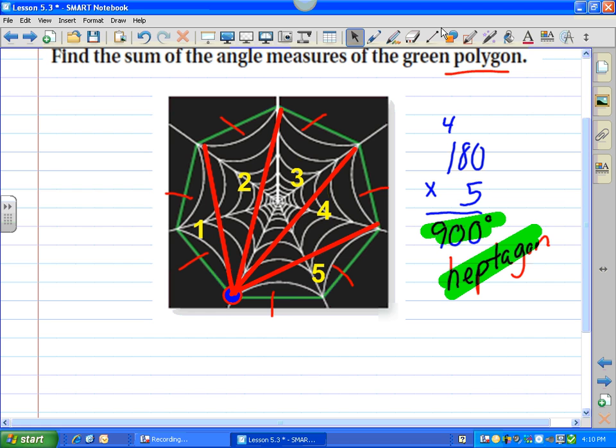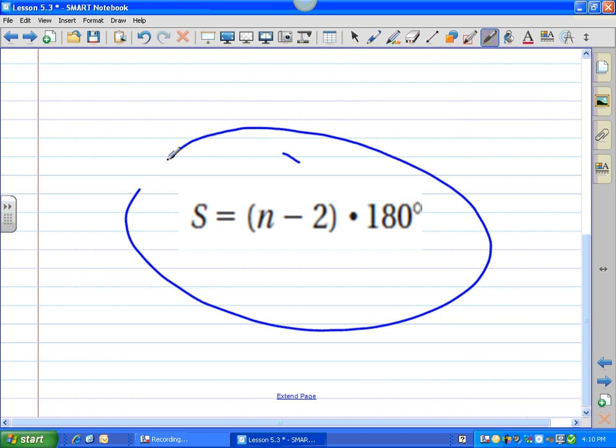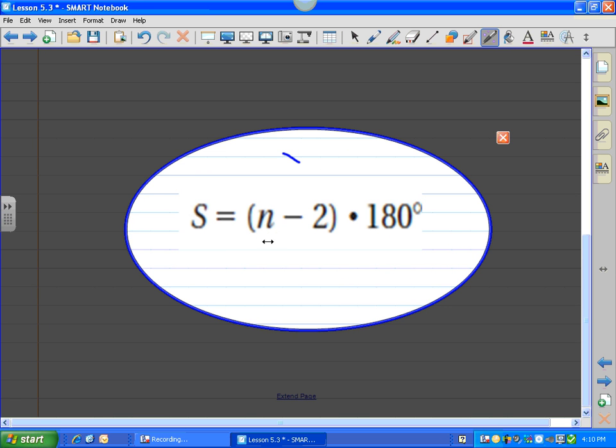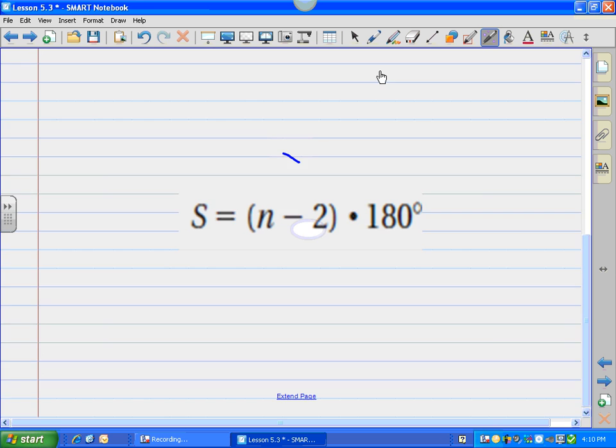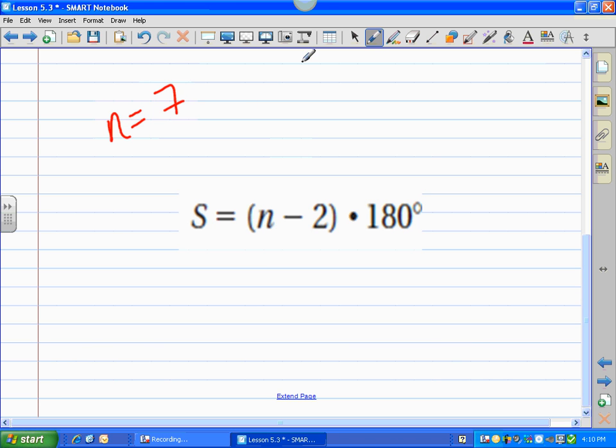I'm going to work the same problem, but this time instead of dividing it up into triangles, I'm going to use my formula and plug and chug. We said that there were 7 sides to this polygon, or there's 7 sides on a heptagon. Here's the formula that I'm going to use. Remember, on the FCAT, if you forget the formula, just look on your reference sheet. Since there were 7 sides, I'm going to say the number of sides, n, equals 7.